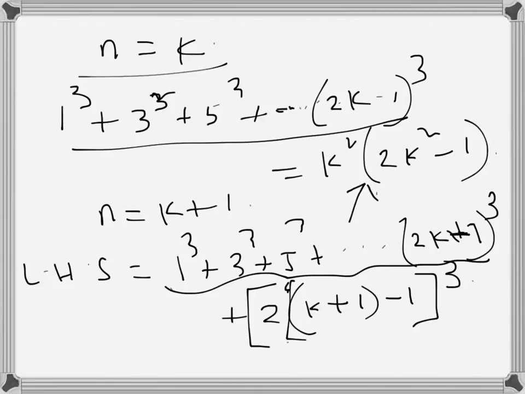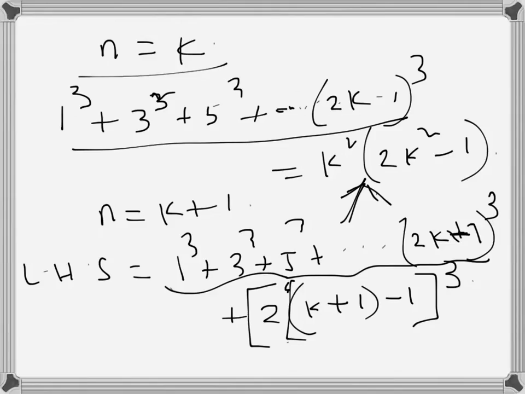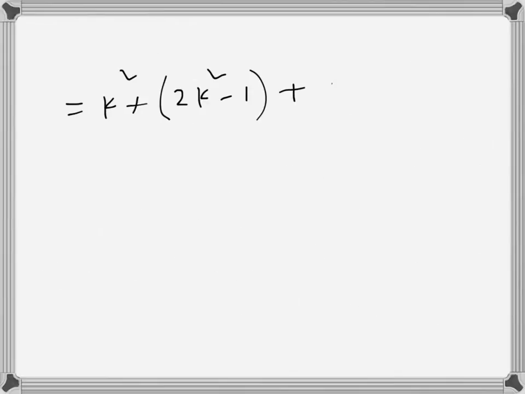So instead of the whole series, we can write the right hand side from here. So it becomes k squared times (2k squared minus 1), and this part becomes 2k plus 1 whole cube. So that is the left hand side now, and that's the product.